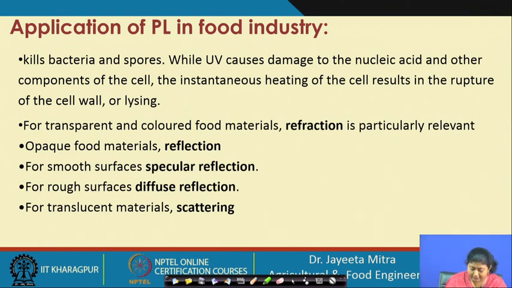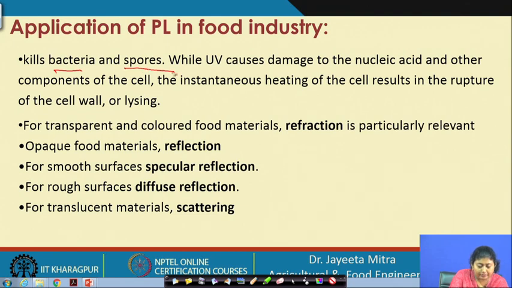So, it kills the bacteria and spores, while UV causes damage to the nucleic acid and other components of the cell. The instantaneous heating of the cell results in the rupture of the cell wall, or lysing.